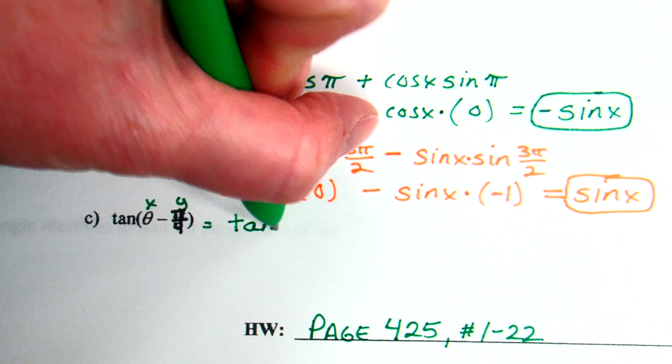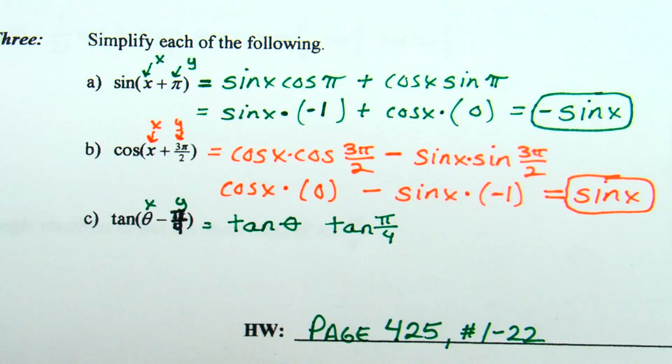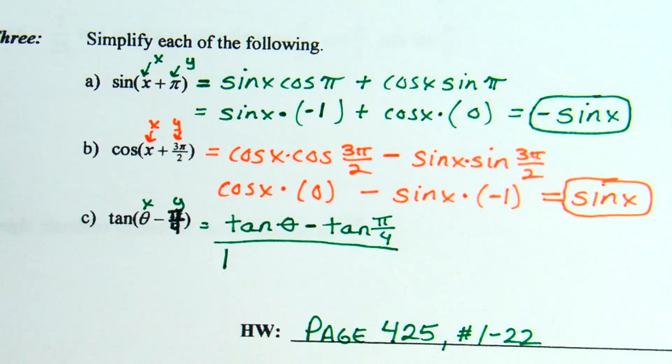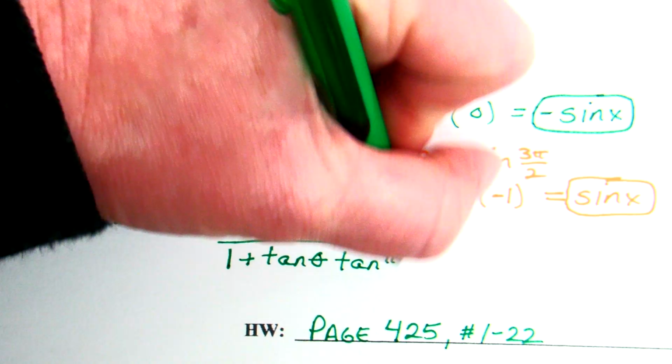Tangent identity, it's going to be tangent x plus or minus tangent y. So in this case, tangent theta, tangent pi over 4, is it plus or minus? It's minus on top because the top uses the same sign as the original problem. Denominator, 1 plus, we use the opposite sign here, tangent x, tangent y.